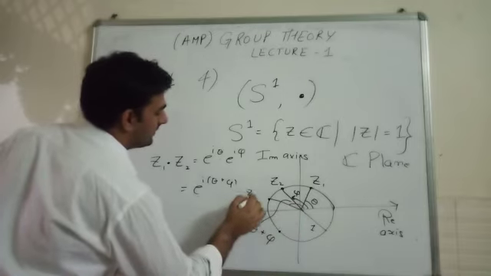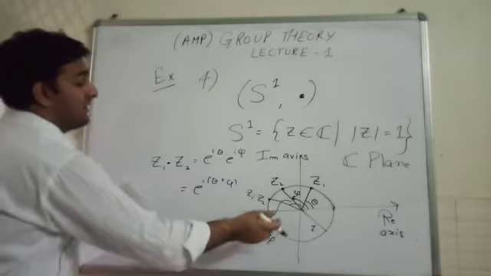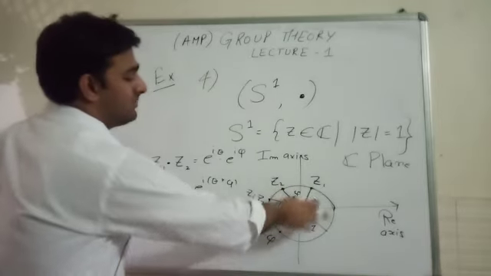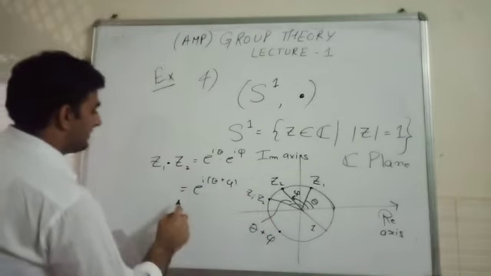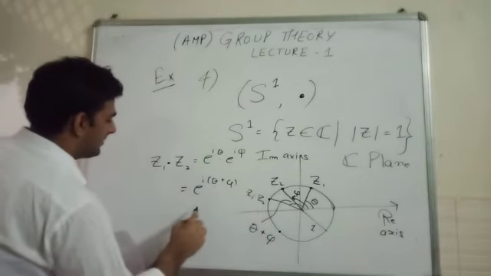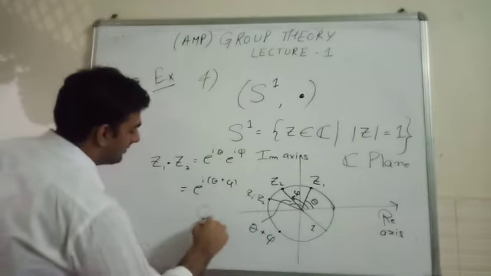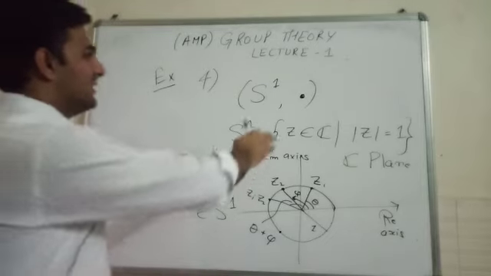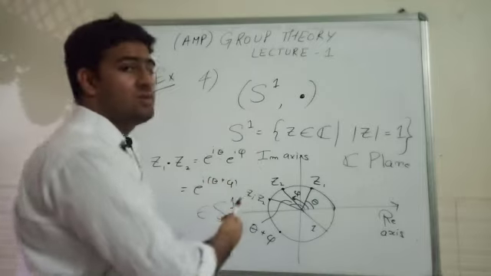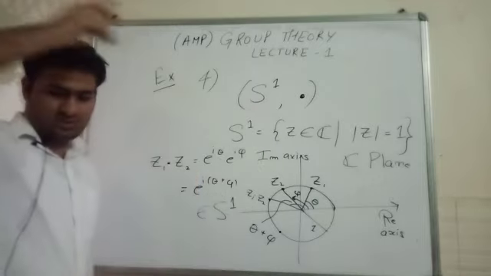So this is Z1 times Z2. Clearly the multiplication of two complex numbers on the circle lies again on the circle, so Z1 times Z2 also belongs to S1. So multiplication on this set satisfies the closure property.